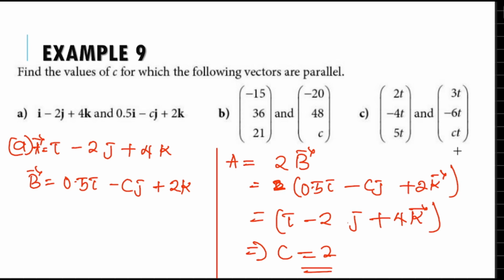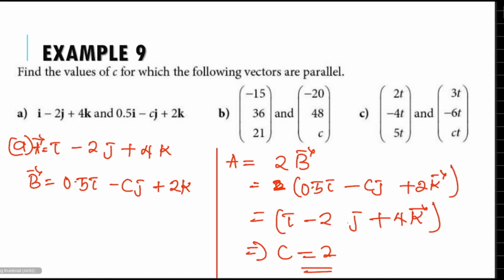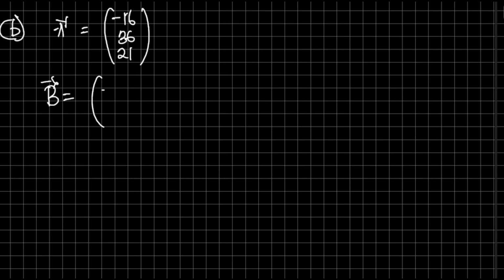So I think we should always be using the one that has a complete solution to find it, so we can solve from A to B here instead. So let's look at the equation we have in B. We have A equals minus 15, 36, 21, and B equals minus 20, 48, 48c.